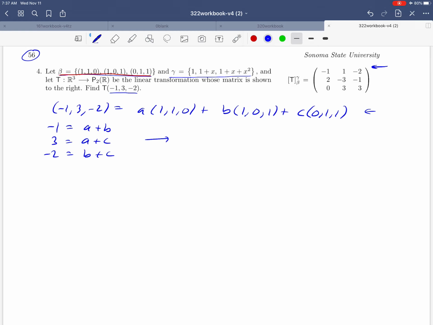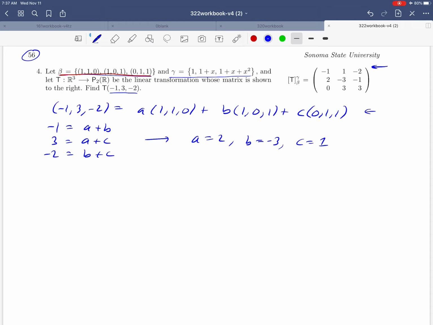You might be able to do that just using ordinary substitution and elimination, or you could put it into a matrix and do row reduction. However you do it, what you should end up with is A equals 2, B equals -3, and C equals 1 as your solution.